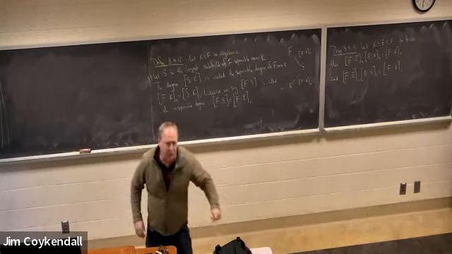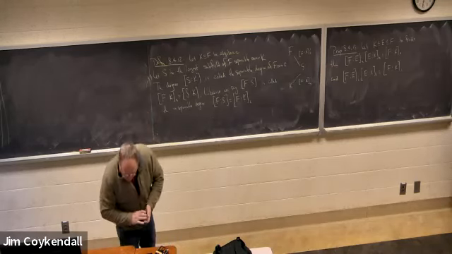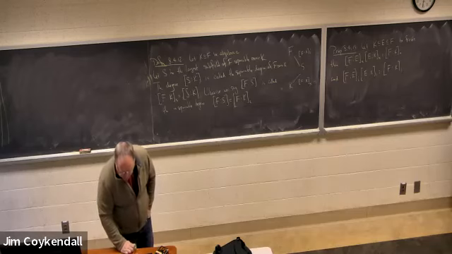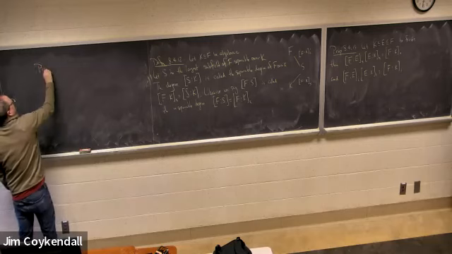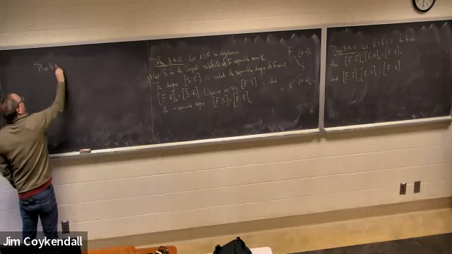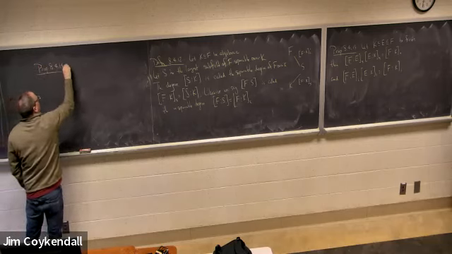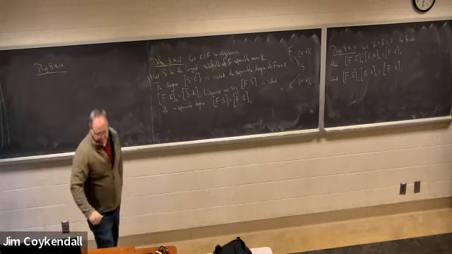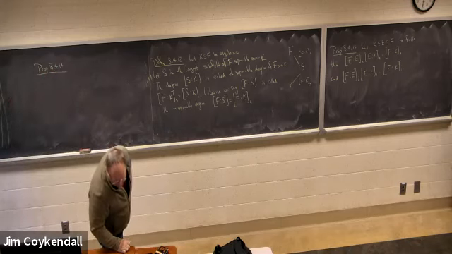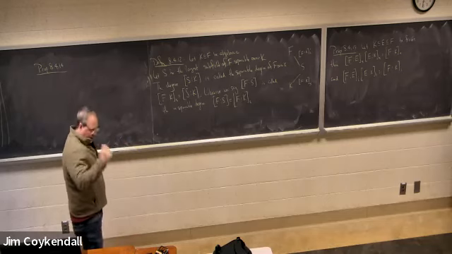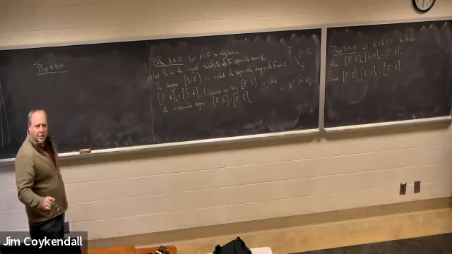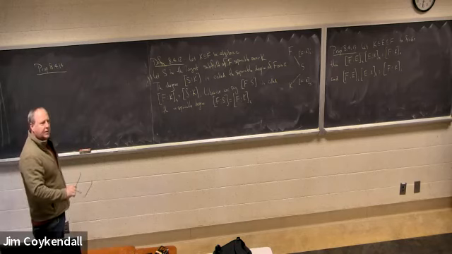Here's something that sort of paints a pretty good picture of what goes on when you look at polynomials. Proposition. Let f in K[x] be an irreducible monic polynomial. I know we're over a field, so monic doesn't matter so much, but this just makes it more convenient.